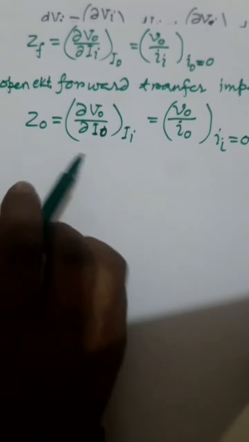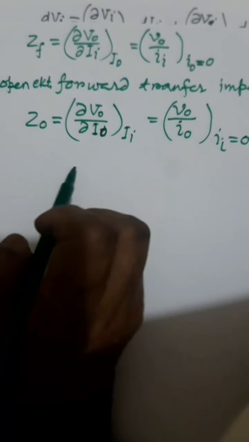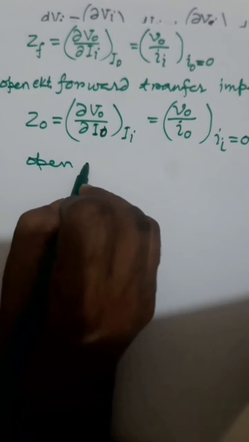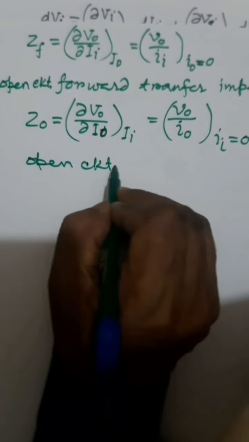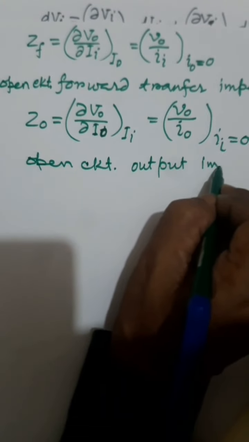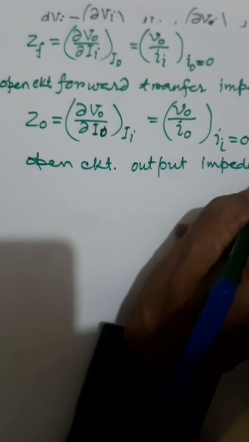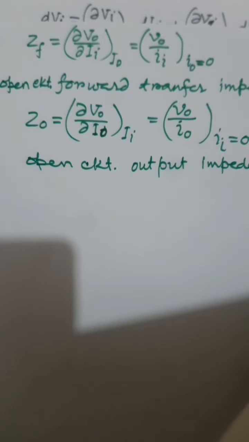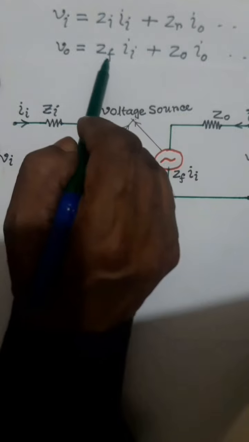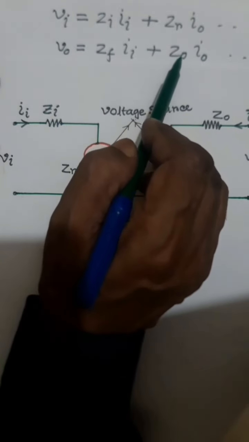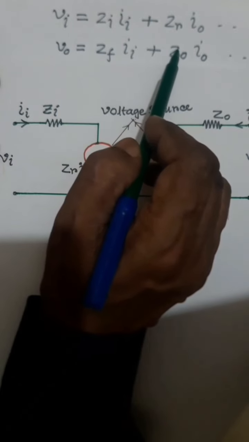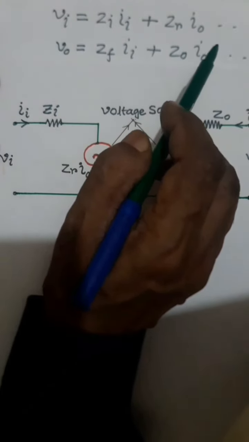It is called open circuit output impedance. Here Zi, Zr, Zf, Zo are Z parameters, that is impedance parameters.